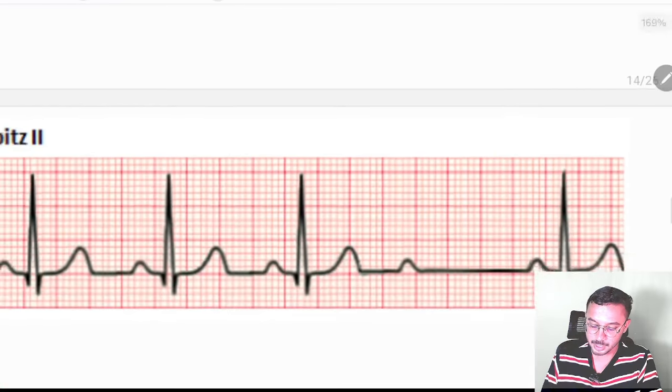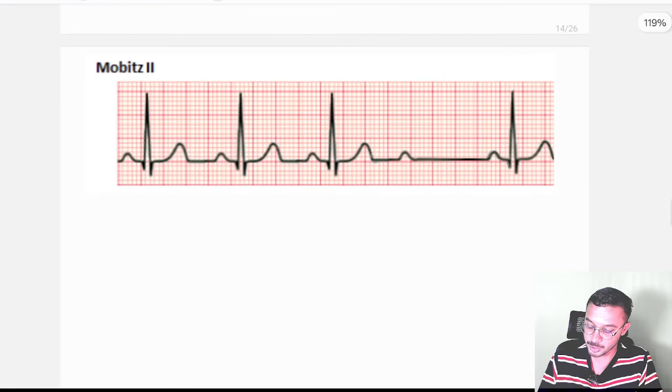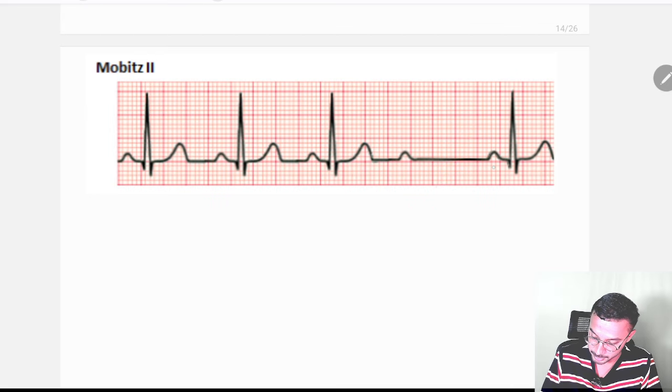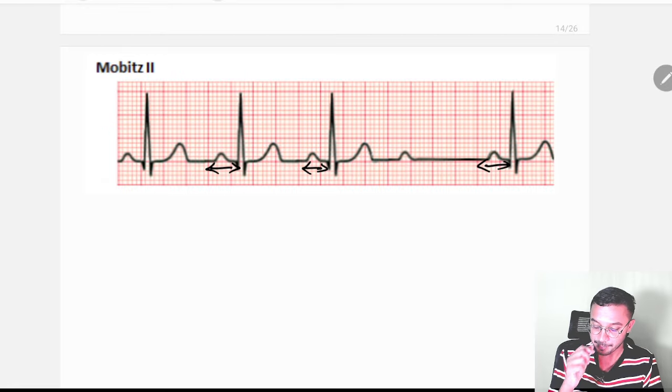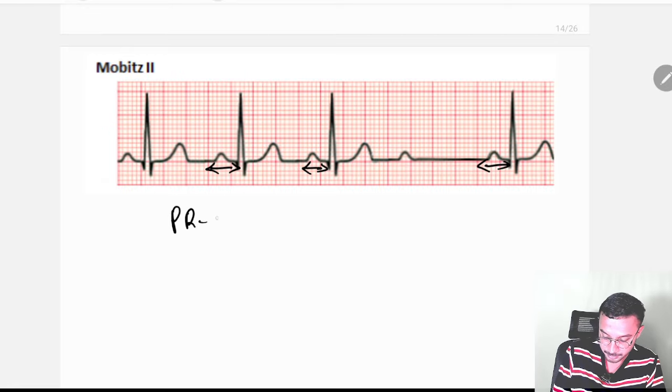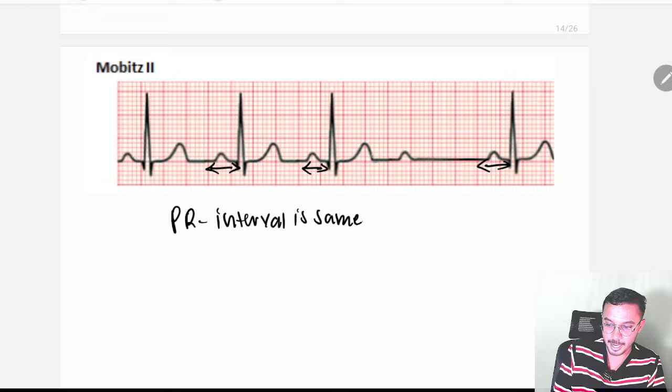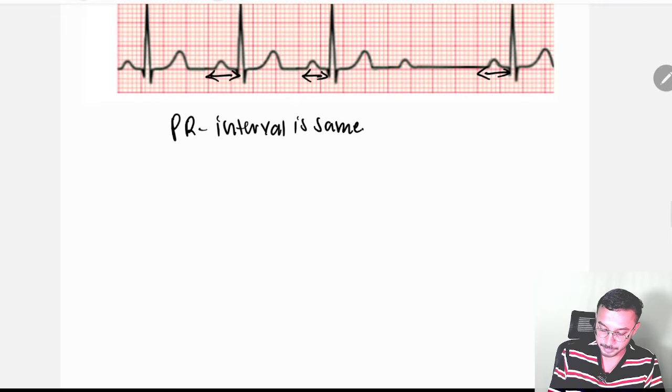And the same, coming to Mobitz 2 over here. Look at this. Here also there is a missed beat. But look at the duration of the PR over here. They are the same. The PR interval is the same. And what about this?